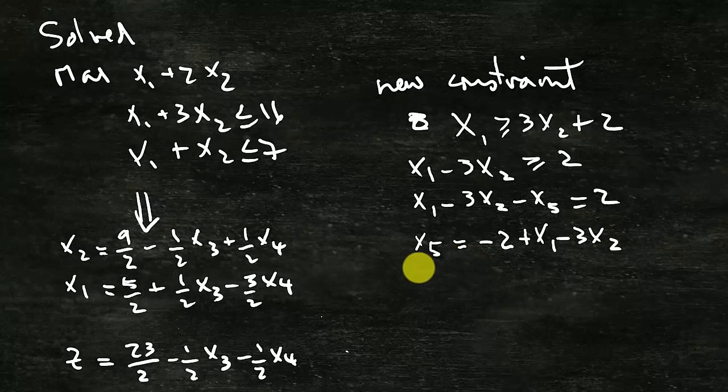Correct? And we want to add in here a new constraint, then take over from there.